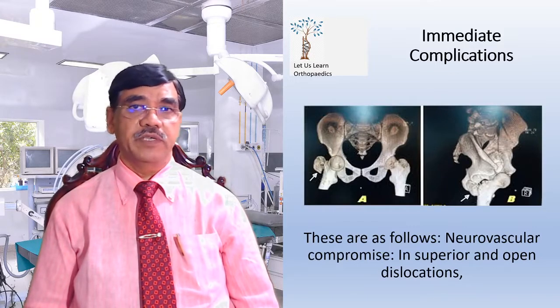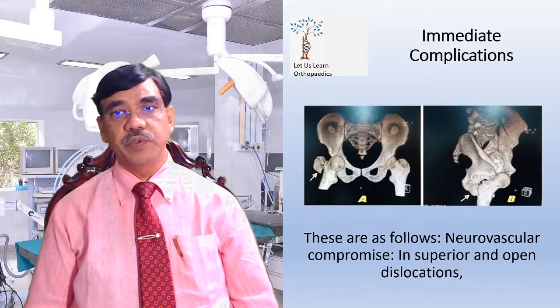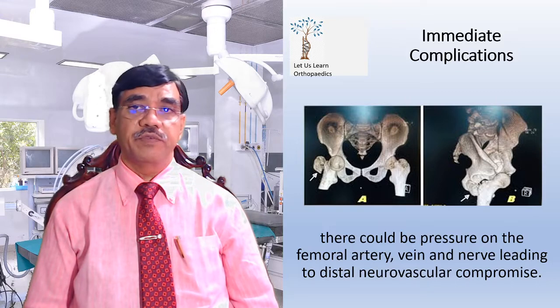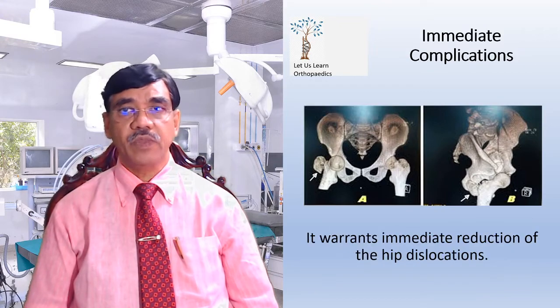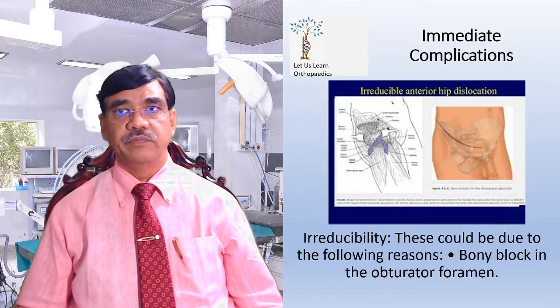The immediate complications include neurovascular compromise. Most important, in the superior and open dislocation, there could be pressure on the femoral artery, vein and nerve, leading to distal neurovascular compromise, and it warrants immediate reduction of the hip dislocation.